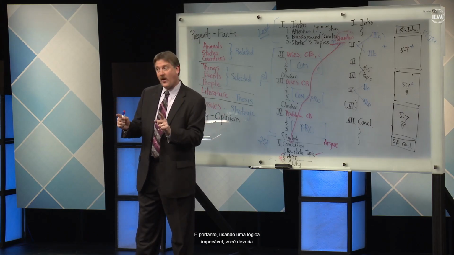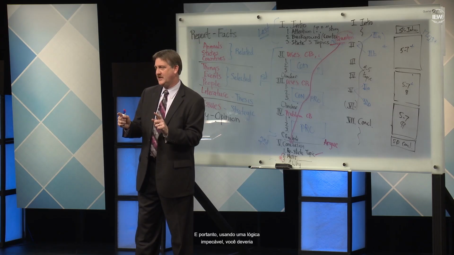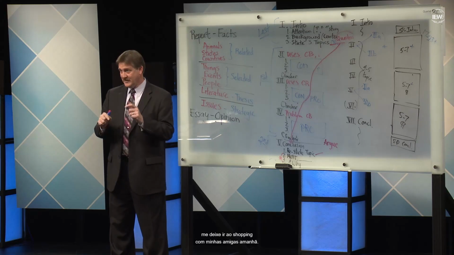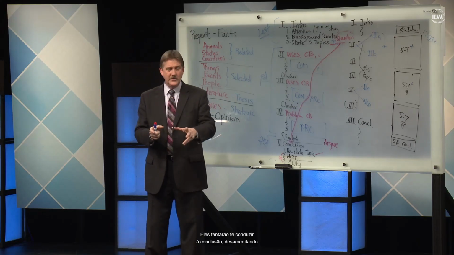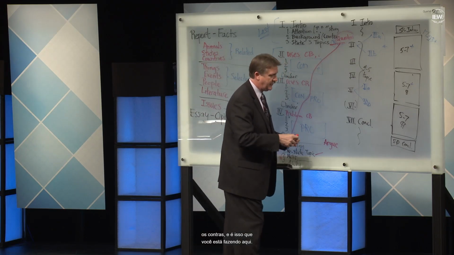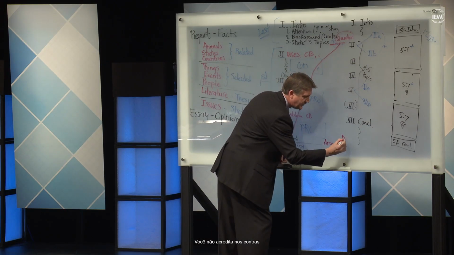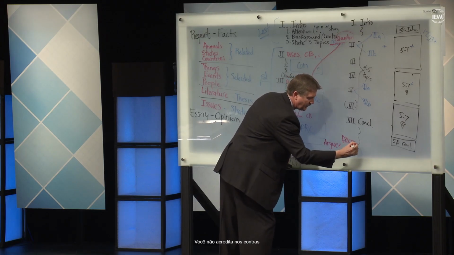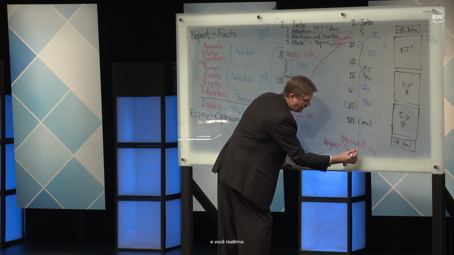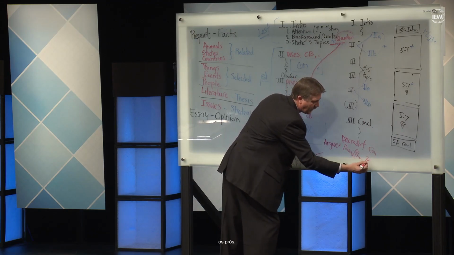And therefore, using impeccable logic, you should let me go to the mall with my friends tomorrow. Right? So they will try to lead you to the conclusion by discrediting the con, and that's what you're doing here. You discredit the con, and you reaffirm the pro.